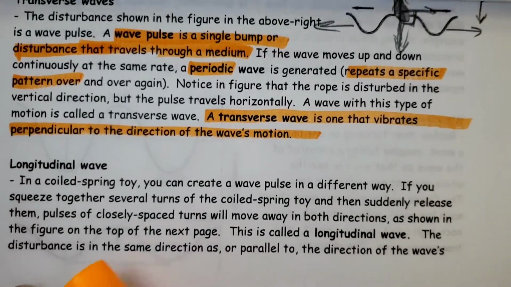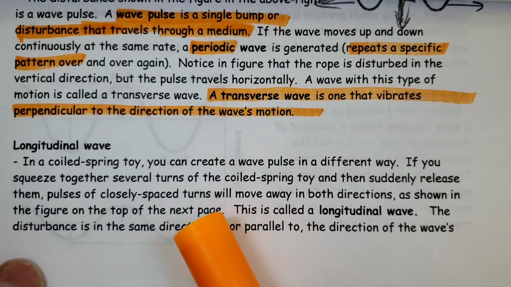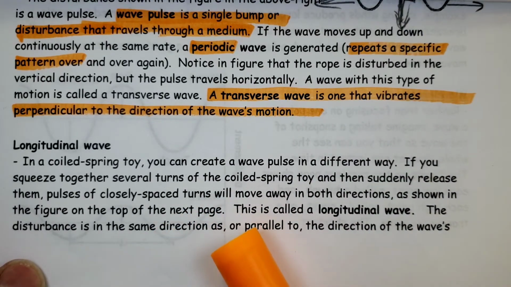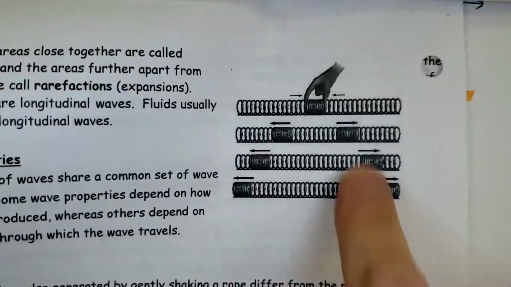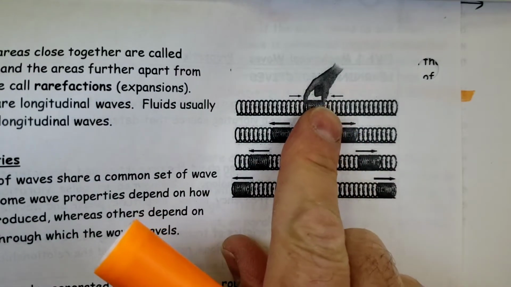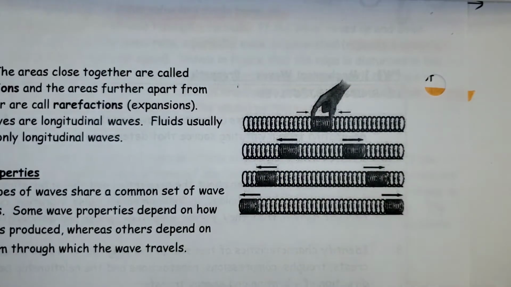Longitudinal wave. In a coiled spring, for example, you can create a wave pulse in a different way. If you squeeze together several turns of the coiled spring and then release it, pulses of closely spaced turns will move away in both directions, as shown in the figure on the top of the next page. So if you have a spring and you compress it, then let it go, it expands out.